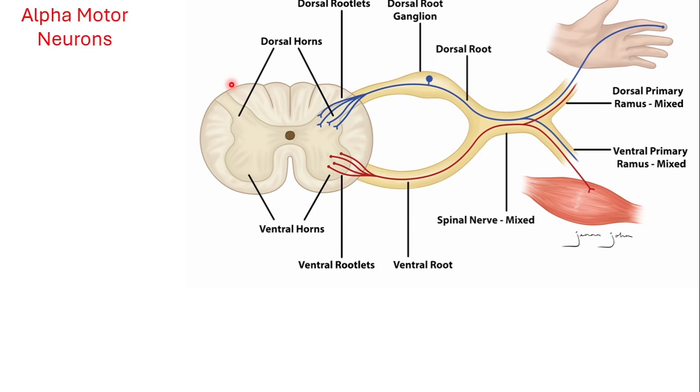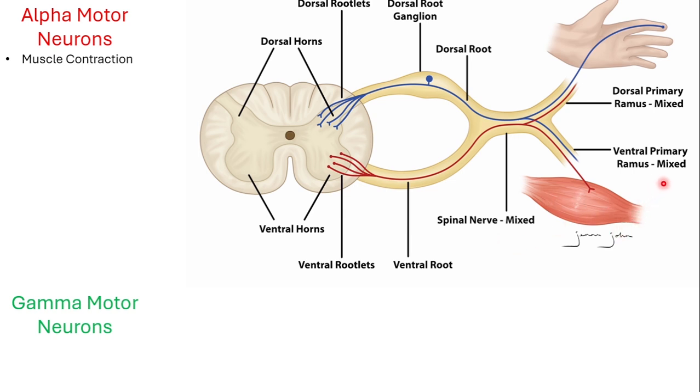Okay? So the ventral horns are composed of motor neurons, as we said before, and those motor neurons end up innervating the muscle. So those motor neurons are composed of two types, alpha motor neurons and gamma motor neurons. The alpha motor neurons are responsible for muscle contraction, and the gamma motor neurons are responsible for sensation of changes in tension of the muscle.